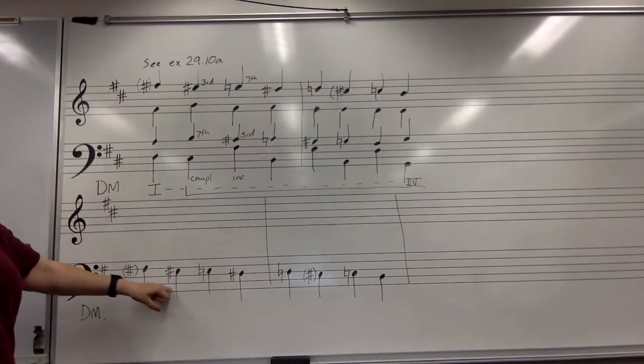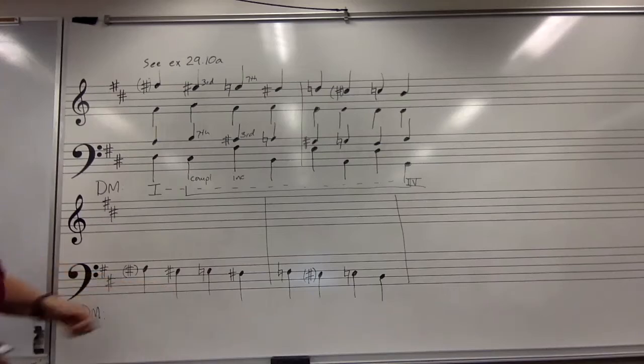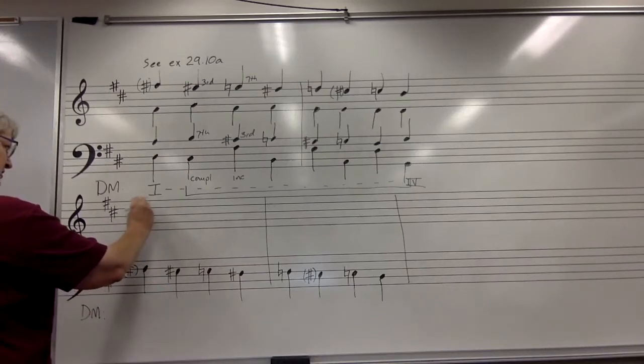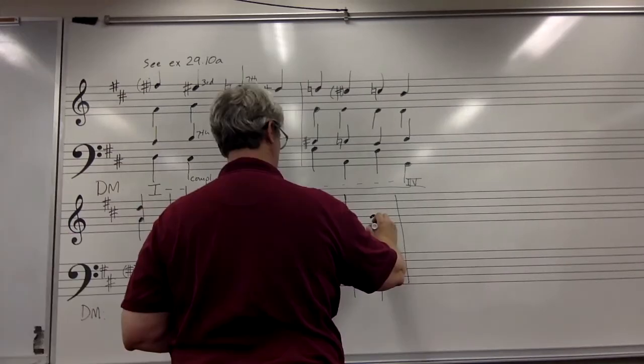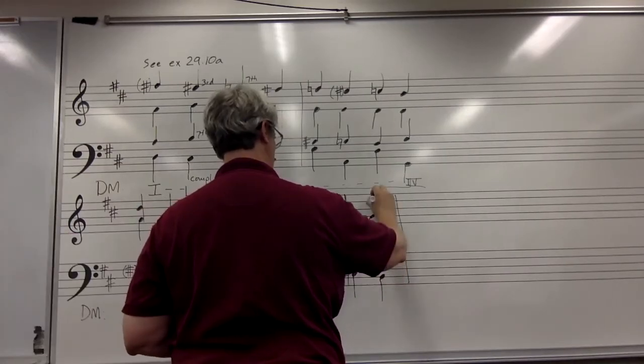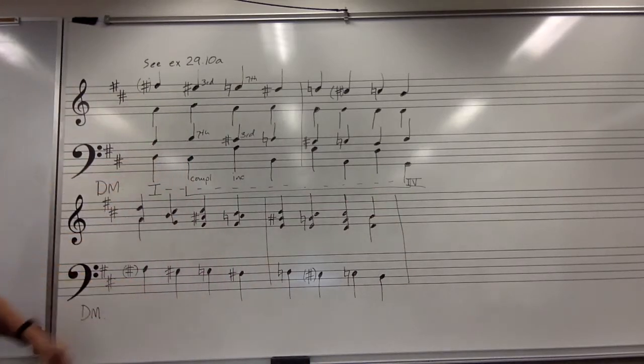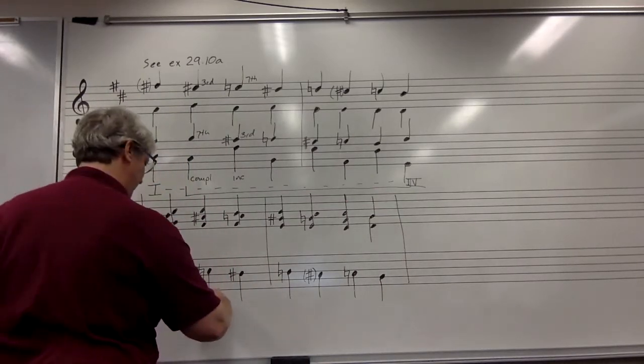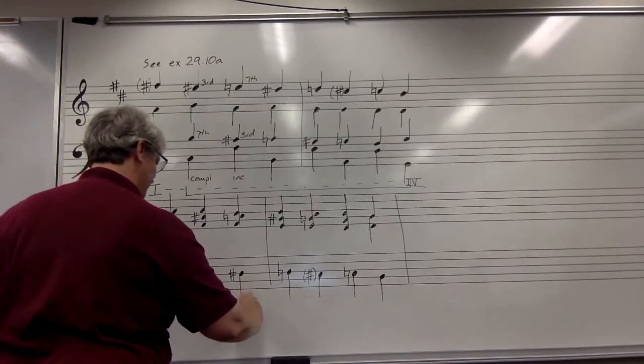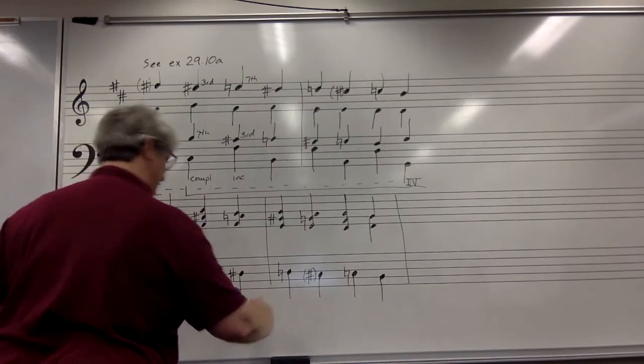And let me just show you that it can also be in the bass. So we have the same chords now, only now we're alternating between a 4-2 and a 6-5 position.